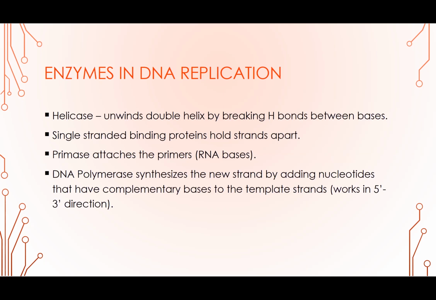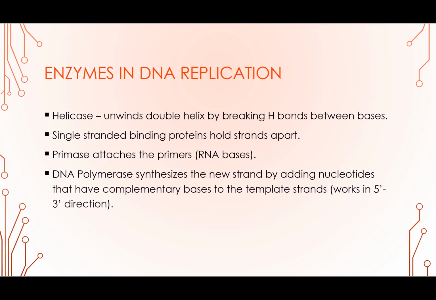And then DNA polymerase makes the new strand for both of the strands that we just separated. And the thing about DNA polymerase is that it only works in the 5' to 3' direction. And as we know, one strand of DNA is in the 5' to 3' direction, and the other one is in the 3' to 5' direction.